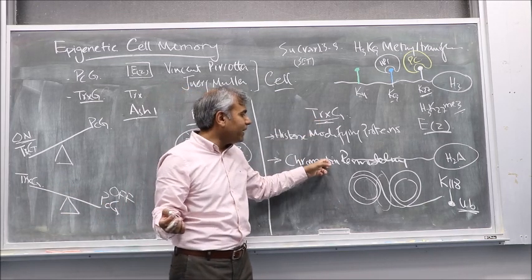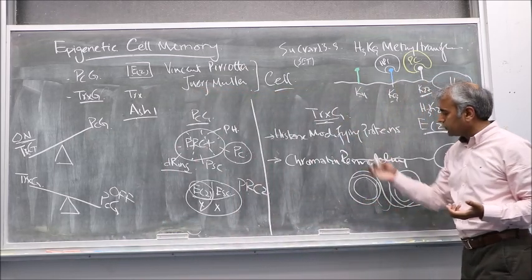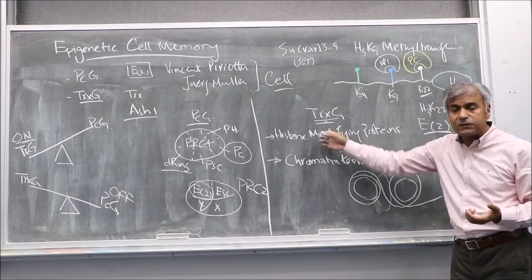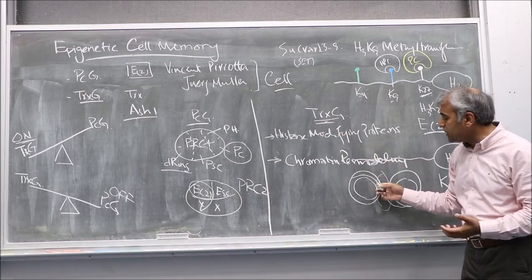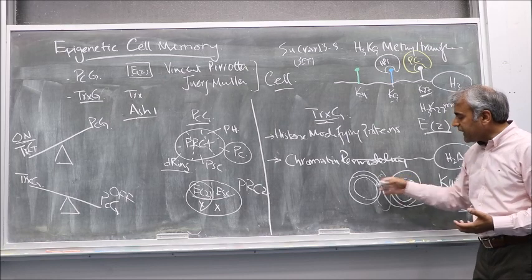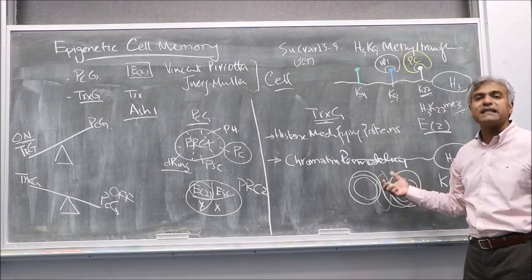So chromatin remodeling proteins, which are part of the trithorax group complex, don't modify histones, but they may facilitate histone modifying proteins, because you need to make the underlying DNA or histone proteins accessible.